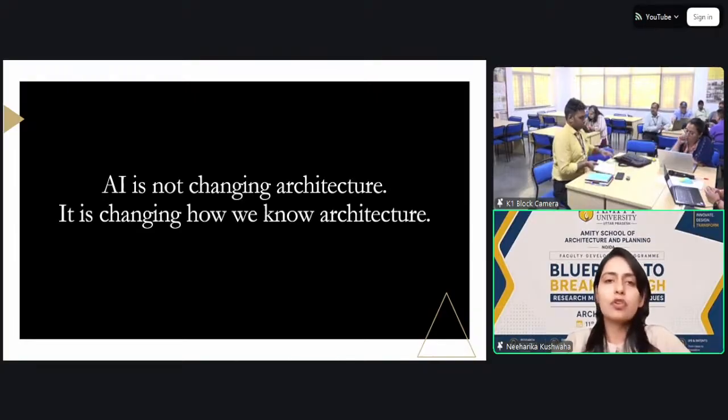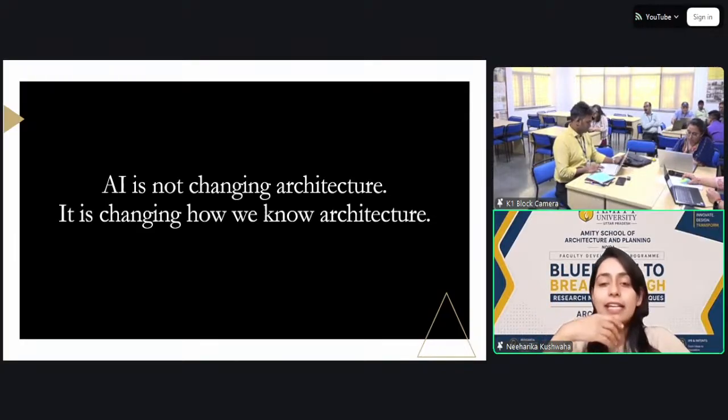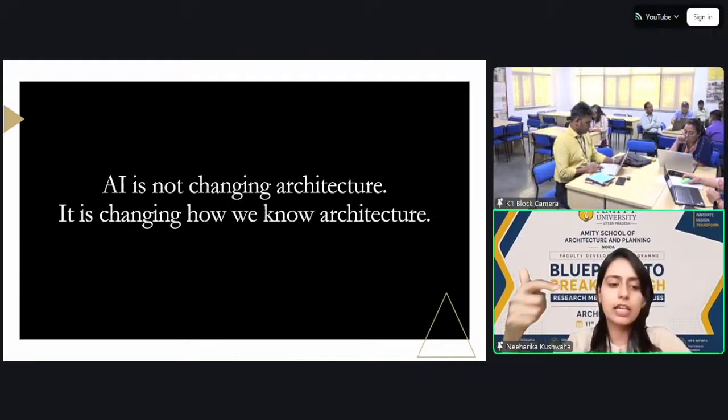AI can process information at enormous scale, even beyond our imagination, in its scale and speed. But interpretation, ethics, contextual understanding, and meaningful judgment still remain fundamentally human responsibilities.